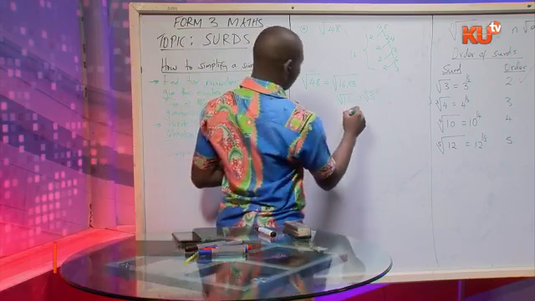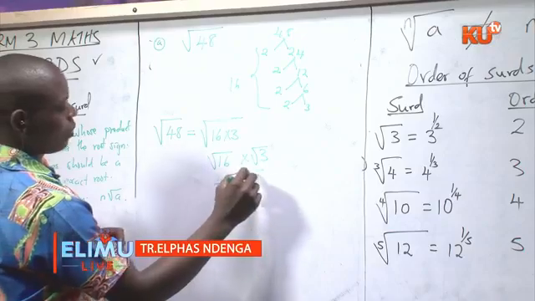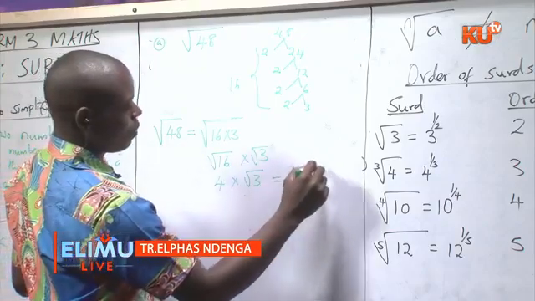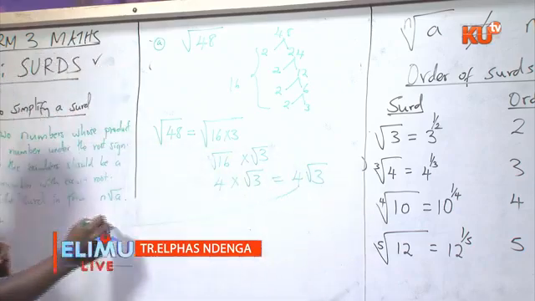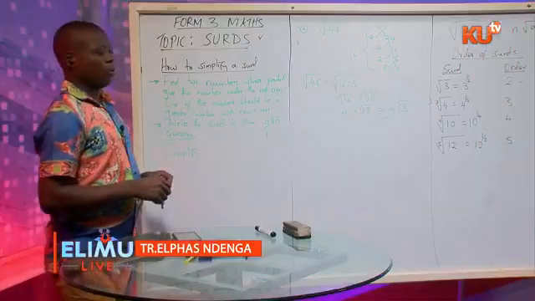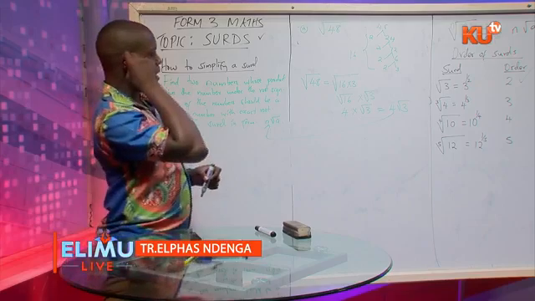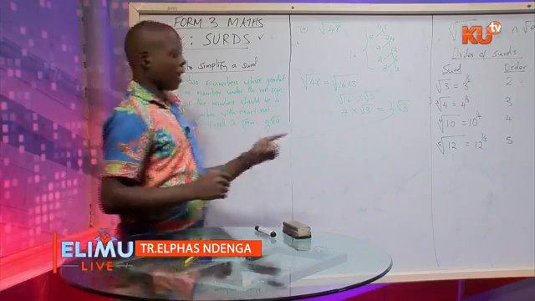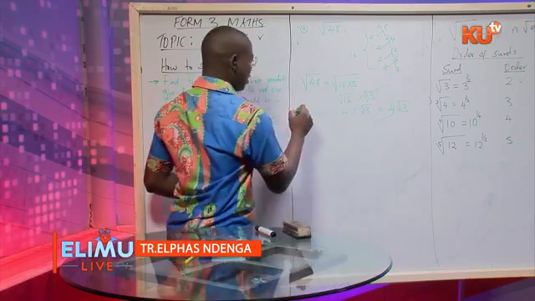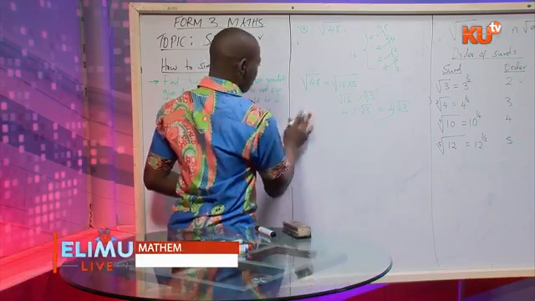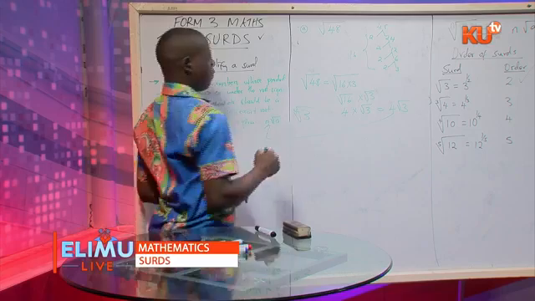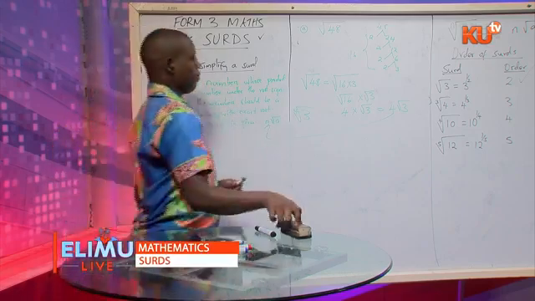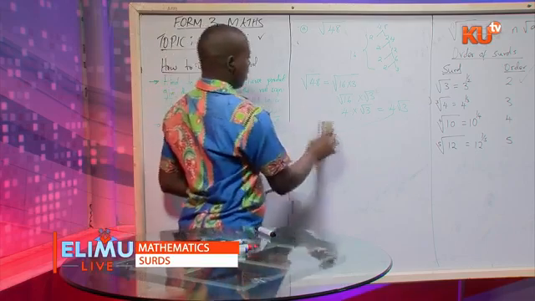So it means this is 4 times root 3. So this then gives us 4 root 3. And this is the form that we are saying here, n root a, where now n in this case becomes 4 and a is 3. Again, remember, this is not the same as saying 4th root of 3. It is very different. It is simply 4 times the root of 3.